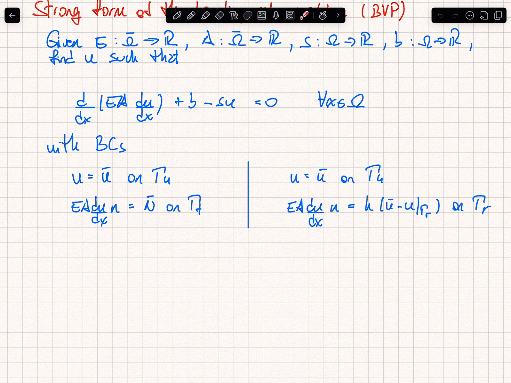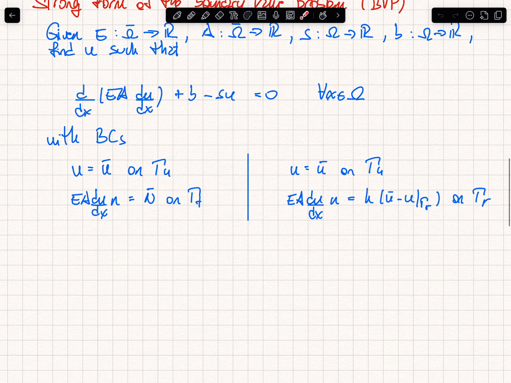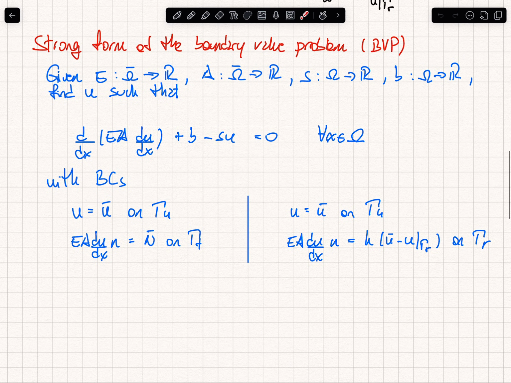We could have, for instance, a prescribed displacement on gamma u and a prescribed actual force on gamma t, or we could have prescribed displacement and a prescribed Robin boundary condition on gamma r, or it could be a pure Dirichlet problem, a pure Neumann problem, a pure Robin problem, and so forth, all possible combinations, but we have to enforce this in pairs.